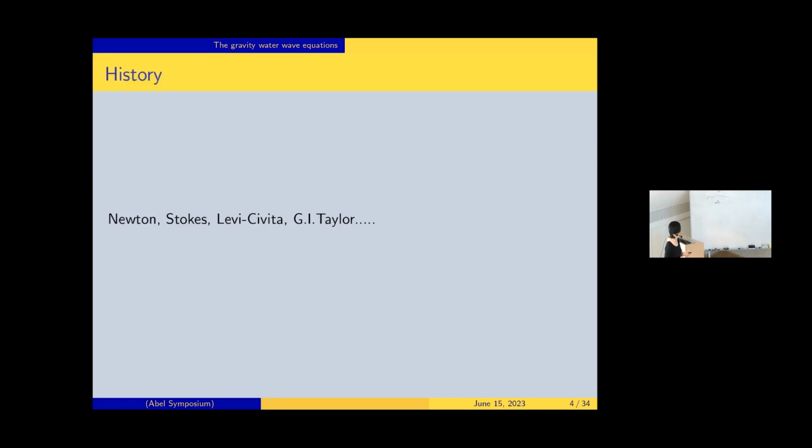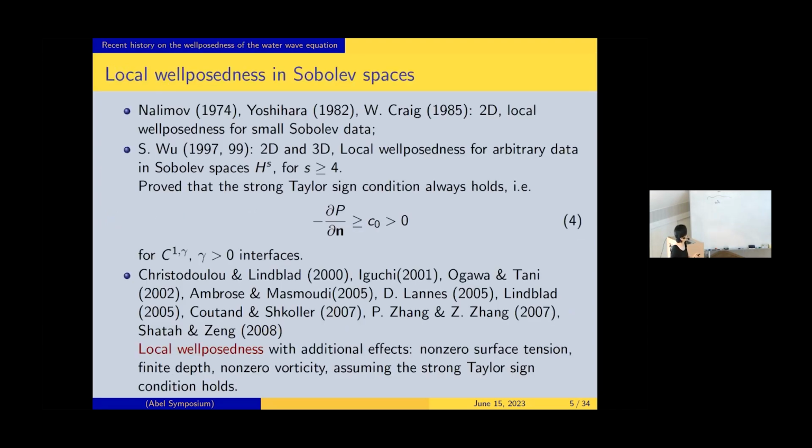Okay, so this problem has a long history. Here I have no intention to list all the work because there's a lot of work on water waves, so this is just a very limited number of works, and it's by no means complete. Just in my opinion, these are relevant to what I'm going to talk about.